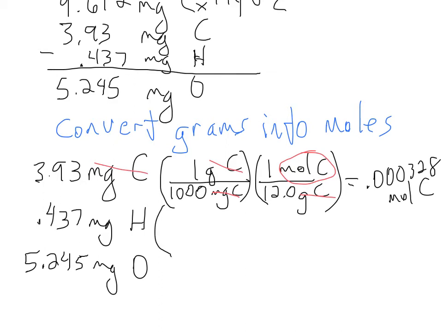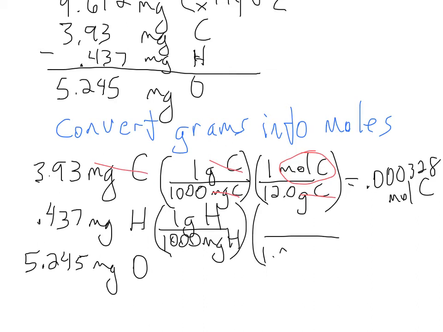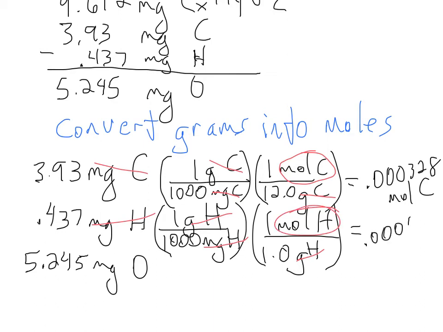For the hydrogen, similar setup, 1,000 milligrams of hydrogen is equal to 1 gram of hydrogen. The atomic weight of hydrogen is 1.0. So for every 1 gram of hydrogen, you have 1 mole of hydrogen. And if you follow the units, the unit that you're left with is moles of hydrogen, which is what you want. In my case, that works out to be 0.000437 moles of hydrogen.